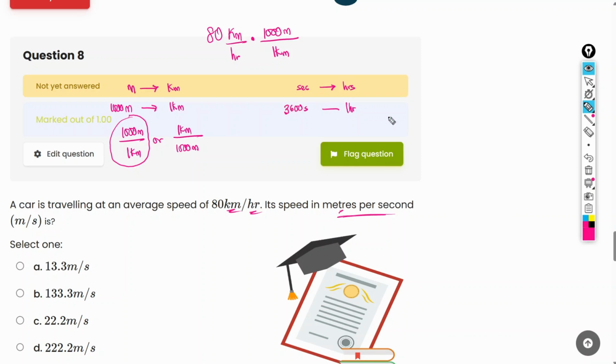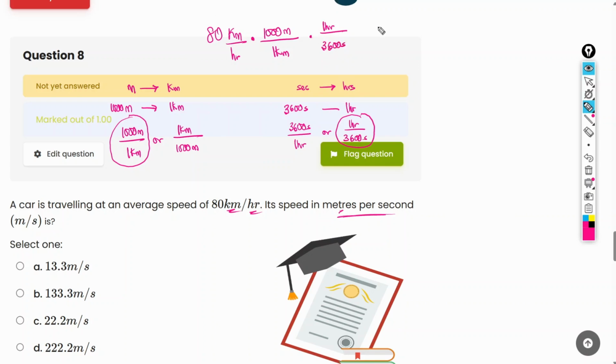If I want to write this as a quotient, it's going to be 3,600 seconds over 1 hour, or 1 hour over 3,600 seconds. So I have two quotients that equal 1. Which of them will I use to multiply what I have above? I want to cancel out hours, and hours is in the denominator, so I'm going to use the one that has hours in the numerator, 1 hour over 3,600 seconds.